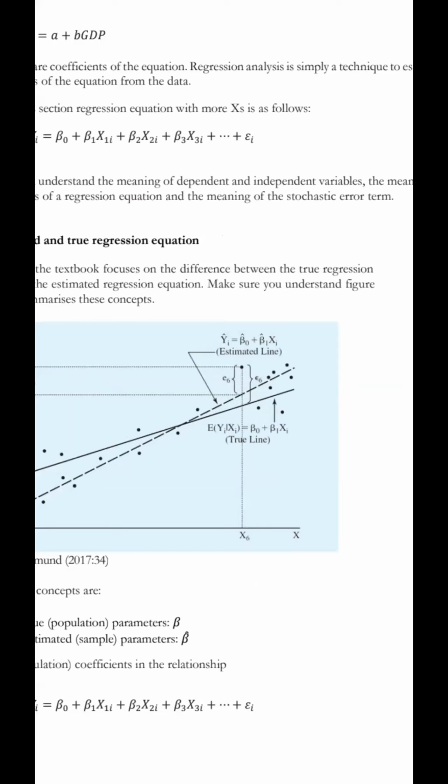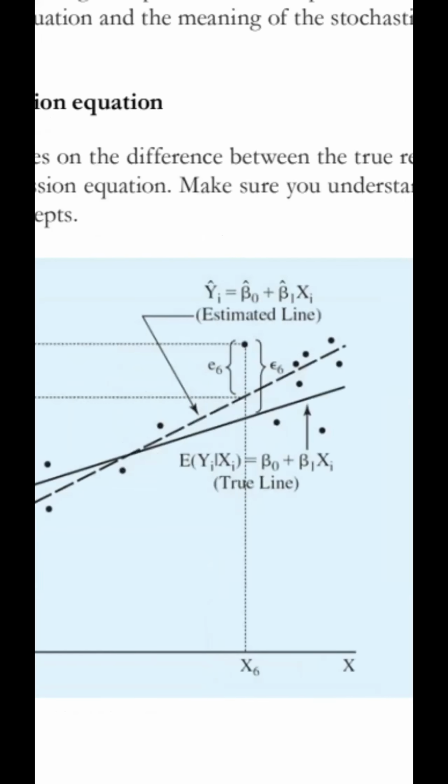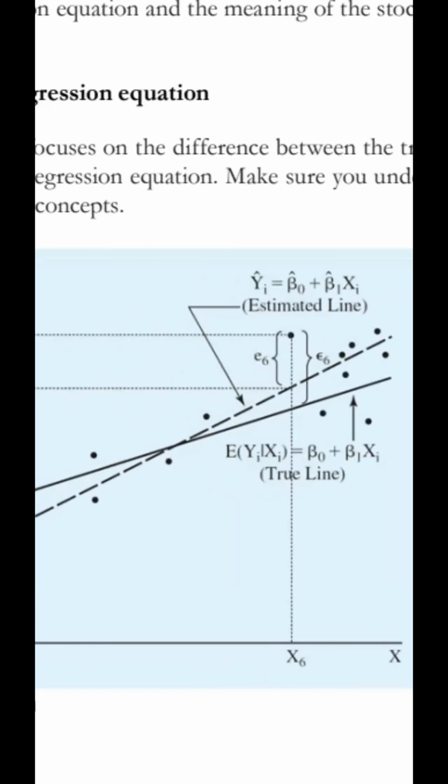So if you look at, let me just blow this up, where you see your E with the subscript 6 there, that is the difference between what's on the line and what's on the point. This dotted line there represents the estimated line.